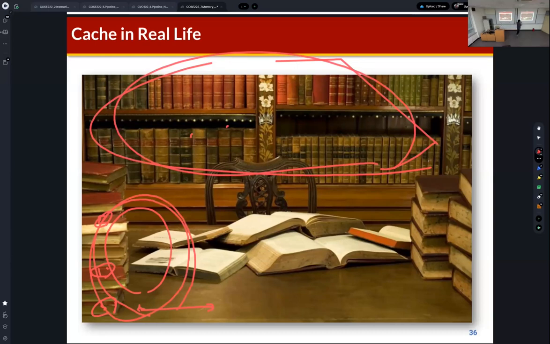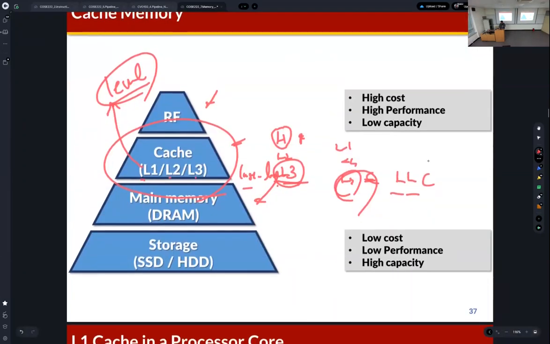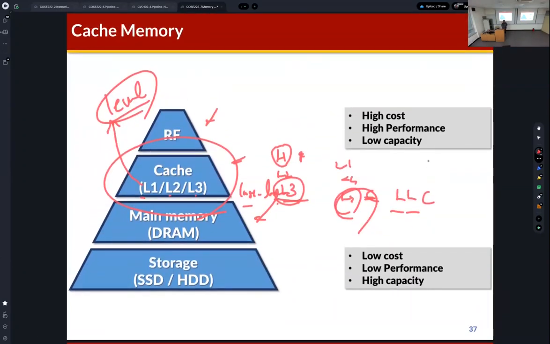So if we keep some books on the desk, then we can save time. That is the analogy of cache in real life. As I mentioned, we can observe data locality, like the book locality.